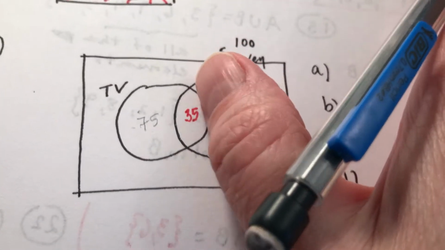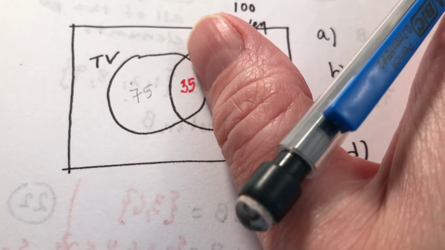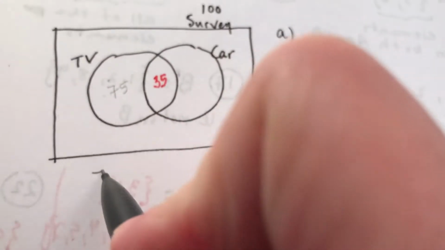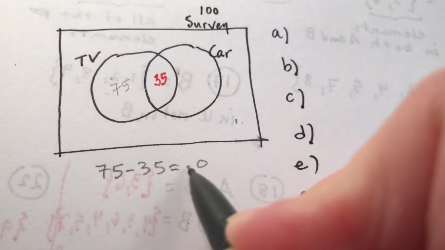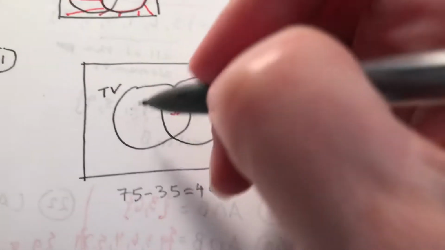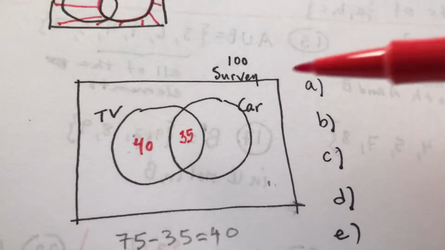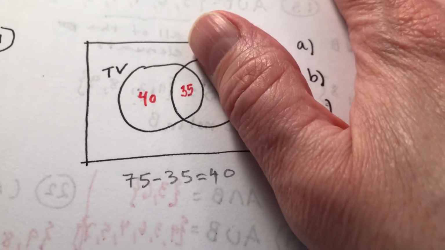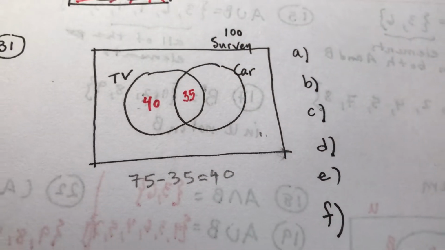So you have to take 75 minus 35, and that gives us 40. You can't put 75 in there; you have to put in 40. I'll check: looking just at my TVs, 40 plus 35 gives 75. Okay, so I filled that in.